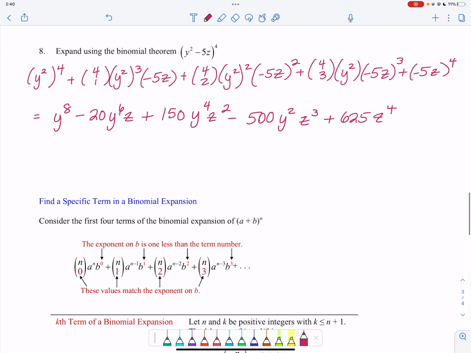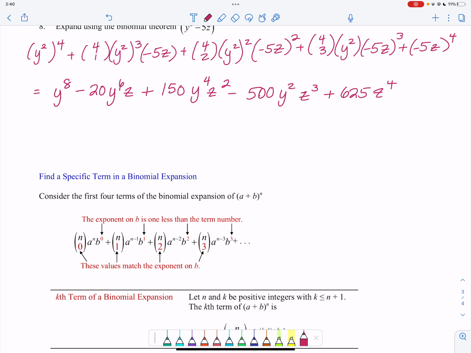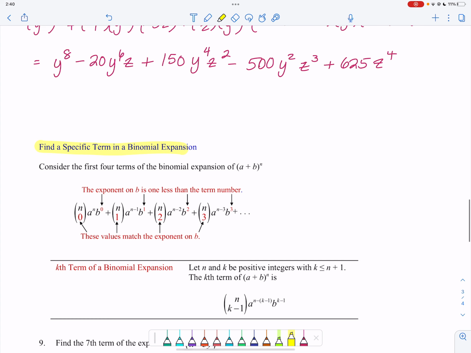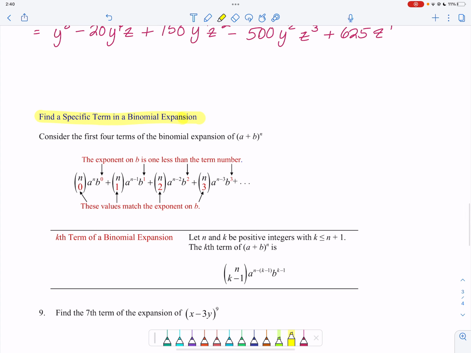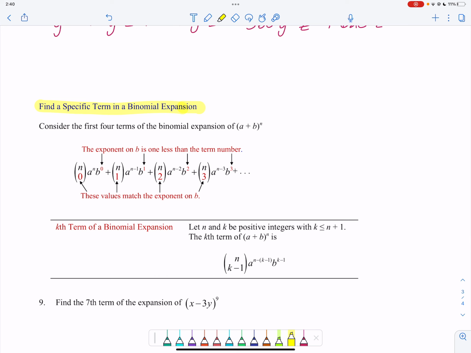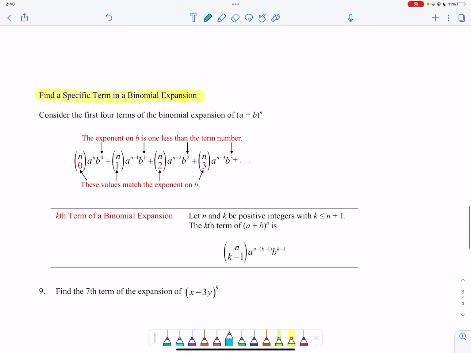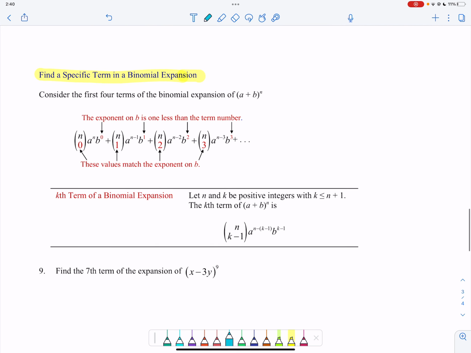So really nice. We will now end this section with finding a specific term. So we'll be finding a specific term in binomial expansion. So we'll consider the first 4 terms of the binomial expansion of a plus b to the n.